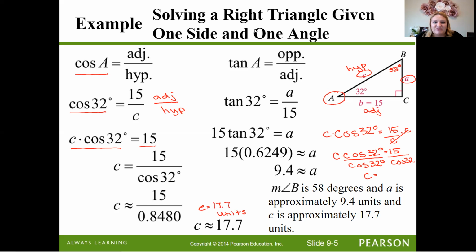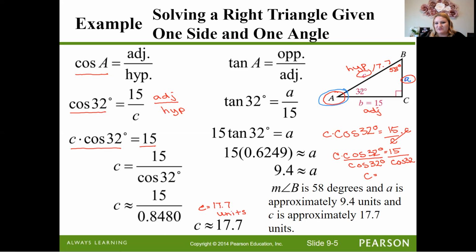Now, next, we're going to look at what we can do to find the side length of A. So we now know that this is 17.7. We now want to use this same angle measurement for angle A, and we want to find what this side length is.